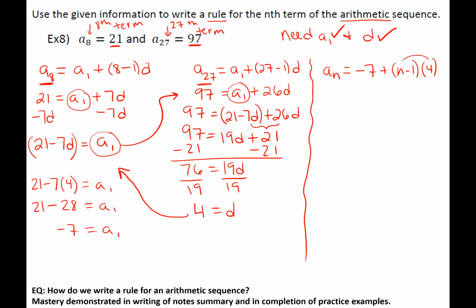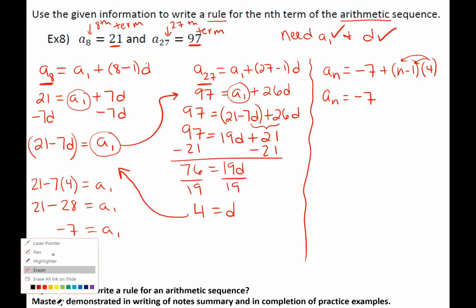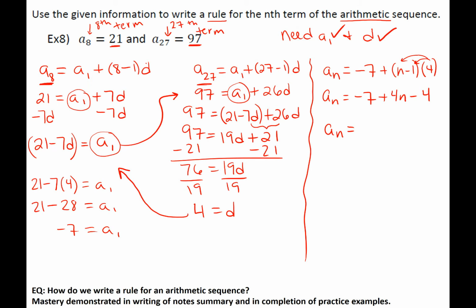Then I would back distribute. A sub n equals negative 7 plus 4n minus 4. So a sub n equals 4n minus 11. And that comes from there. And there's your answer.